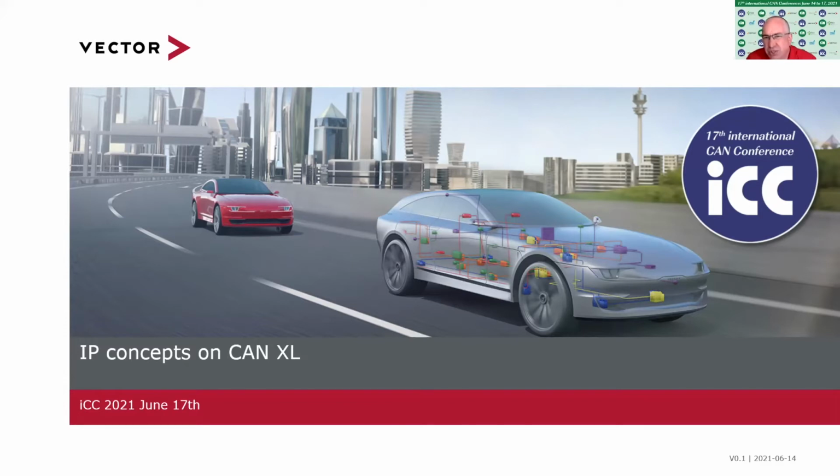What I experienced recently is that we see a certain consolidation towards Ethernet and CAN communication in in-vehicle networks. So that means that protocols like FlexRay and MOST, so these use cases can basically also be covered by CANXL and Ethernet.